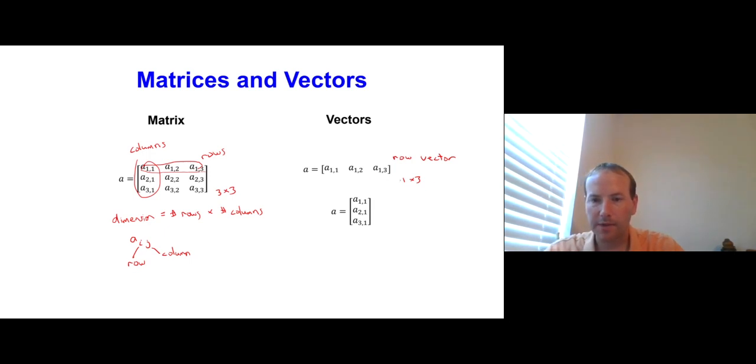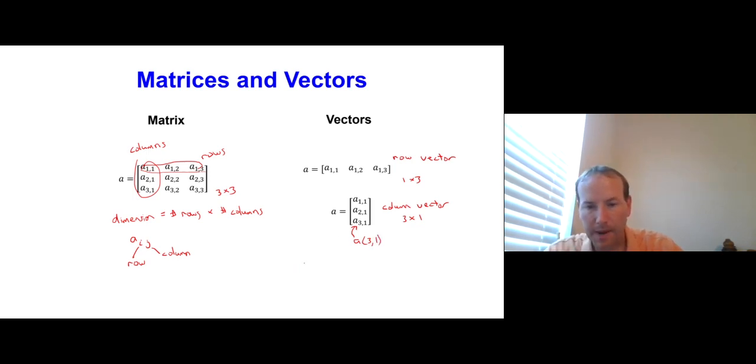So row vectors have just their first dimension is 1, and this down here is a column vector of size 3 by 1. And we can refer to individual elements like this. So this is the third row, first column. So we can access it like this.